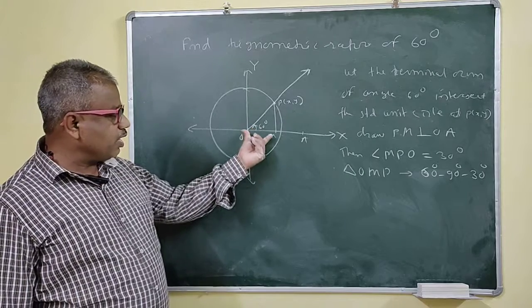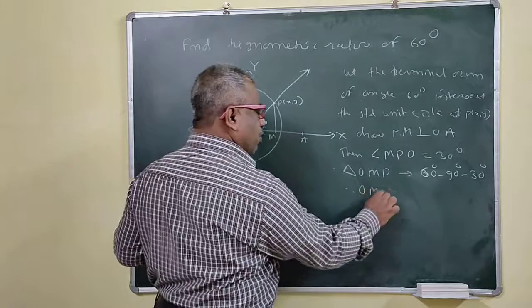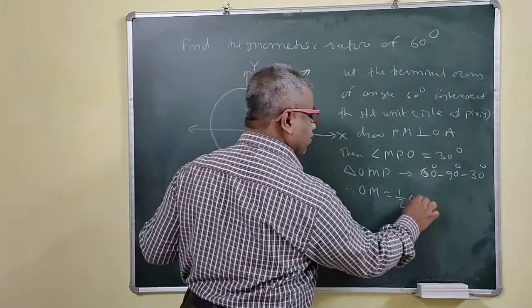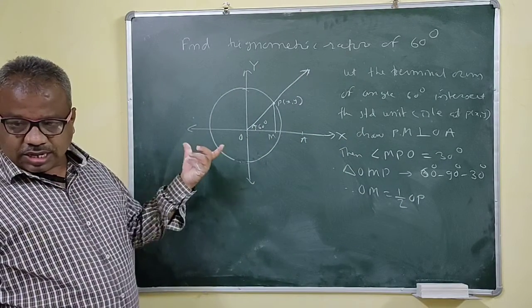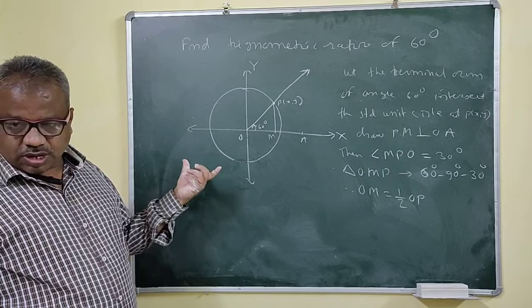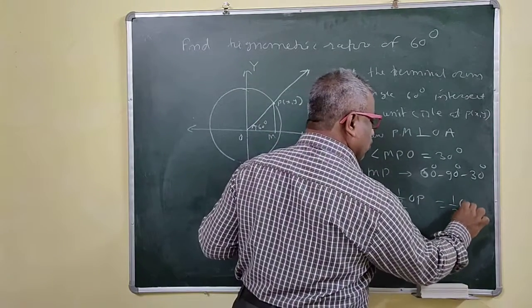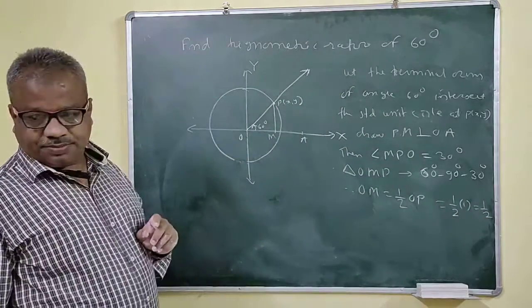So the opposite side of angle 30 is OM, right? So therefore OM is nothing but half of the hypotenuse. Your hypotenuse is OP, right? But OP is the radius of the standard unit circle, so this is 1. So this is 1/2 into 1, so this is 1/2, right?